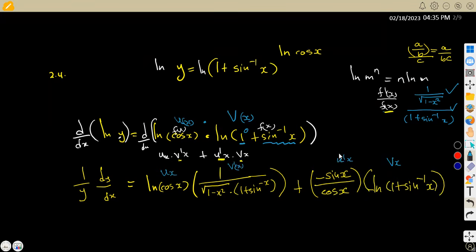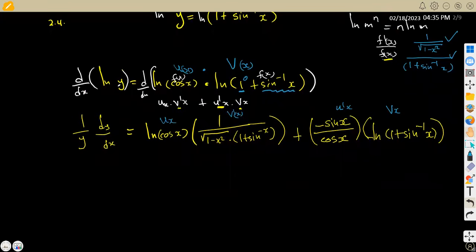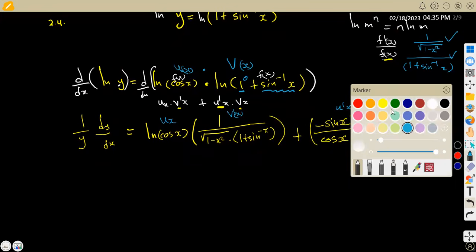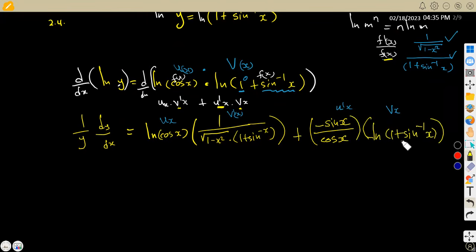All right, so we can simplify this further. Let's try to simplify as much as we can. We can just choose to leave it like that with the negative, but knowing that this is a tan, okay?